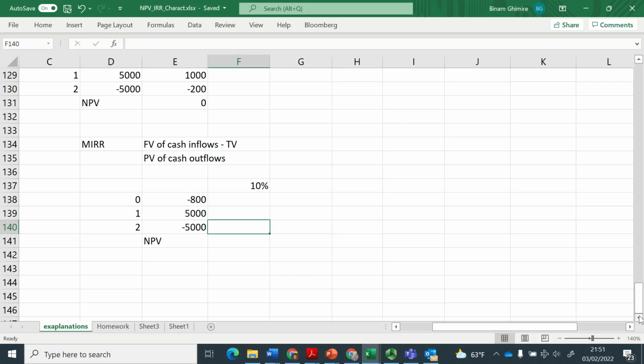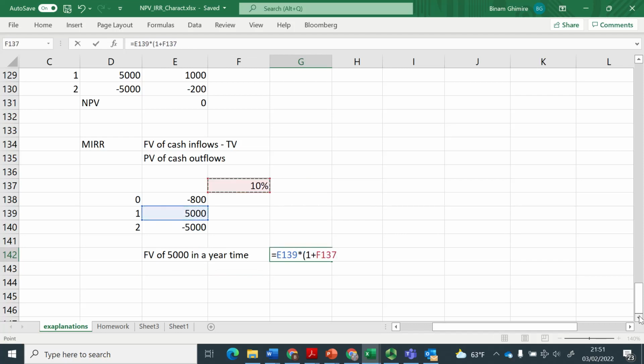The future value of 5,000 in a year's time will be equal to 5,000 times 1 plus this rate 10%. Of course, this is just 1 year, so you will get 5,500.